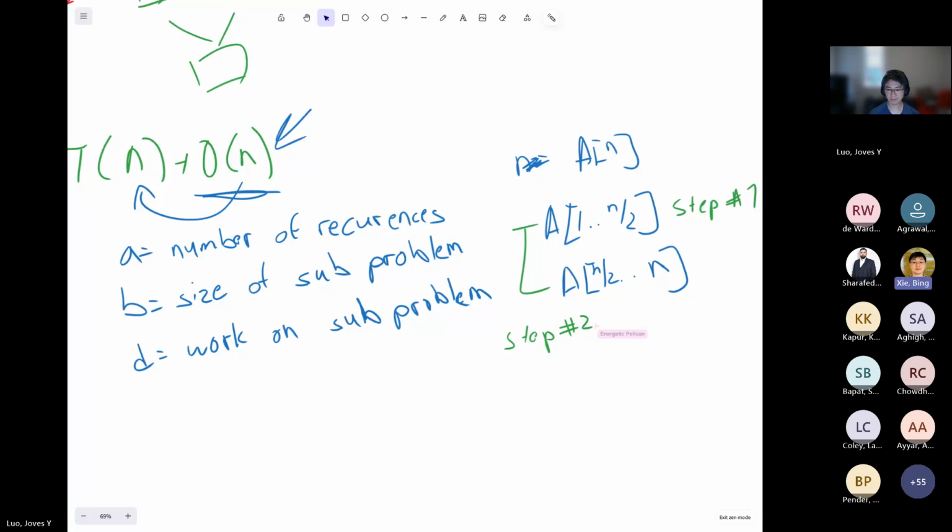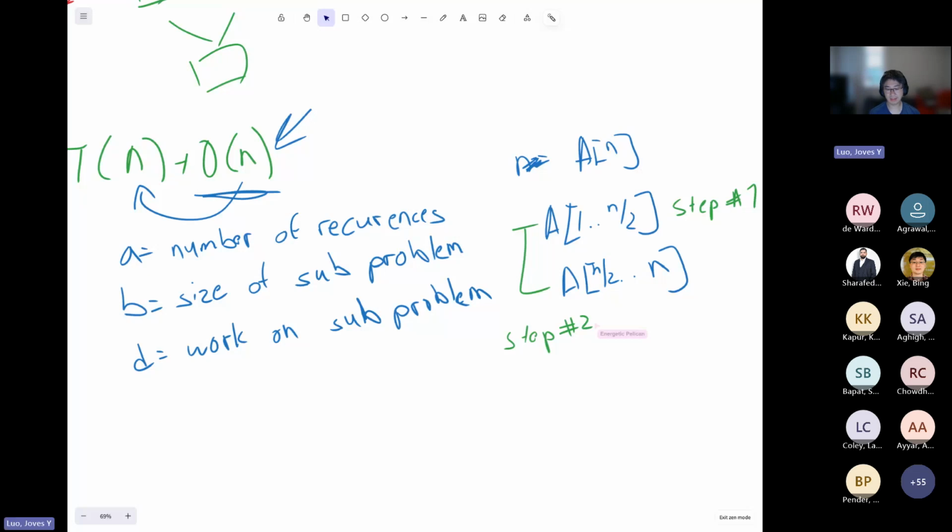But wouldn't O of n actually be bigger than n because you're checking against the original array rather than just at that level? Could that be exponentially bigger at the bottom level? No, because your work across that level is going to be the same size as your subproblem.